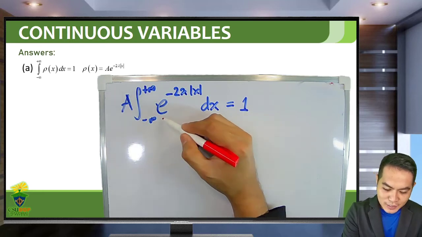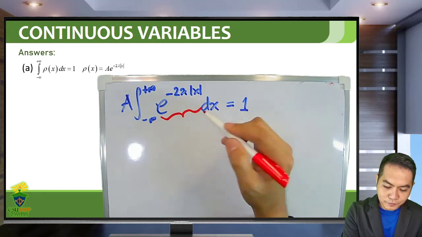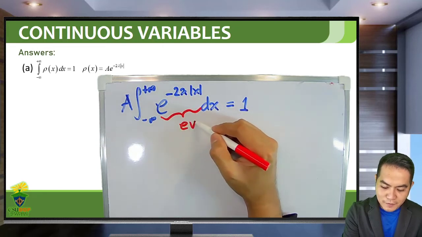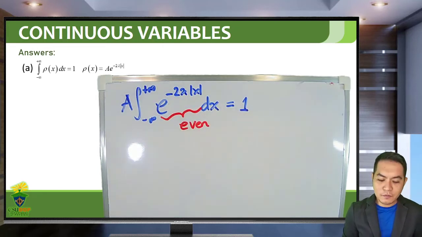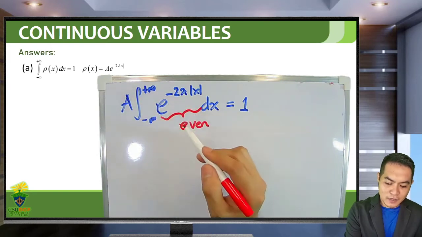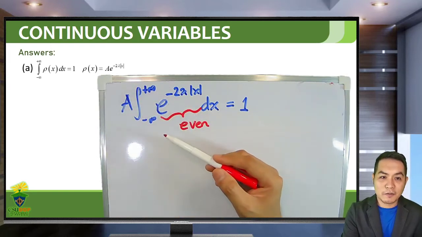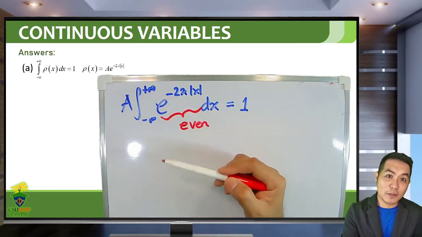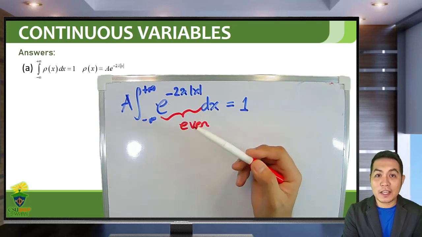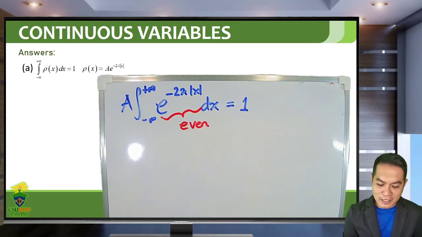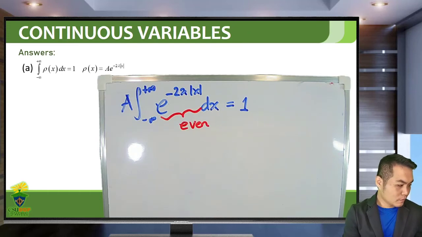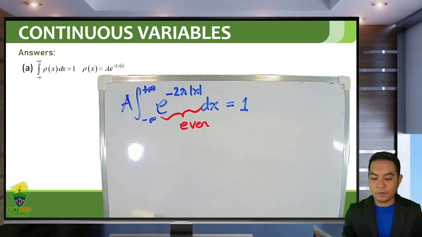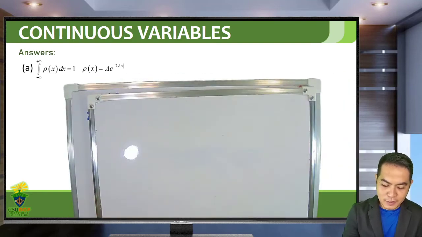In this case, this is actually an even function, and our limits are also even, from negative infinity to positive infinity, or from negative a to a. That's the definition of an even limit. So if you have even integrands and even limits.